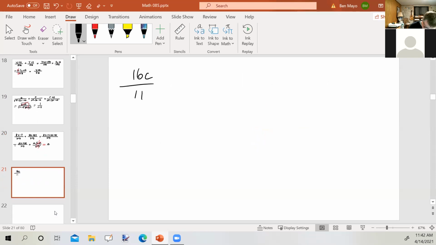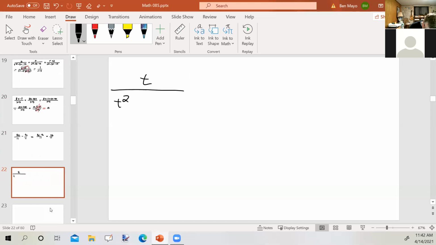16c over 11 minus 4c over 11 would be 16c minus 4c over 11, which would be 12c over 11. All righty. How about this one? t divided by t squared plus t minus 2 minus 1 divided by t squared plus t minus 2.